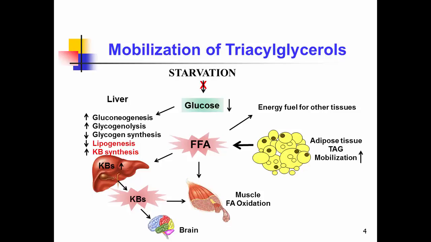So this gives you an overall picture of how our body's energy metabolism is regulated during the fasting condition. Then we can go to the details and see how triglyceride is broken down to release fatty acids. This process is called lipolysis, or mobilization of triglyceride.